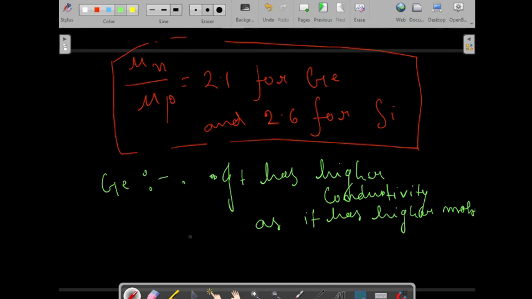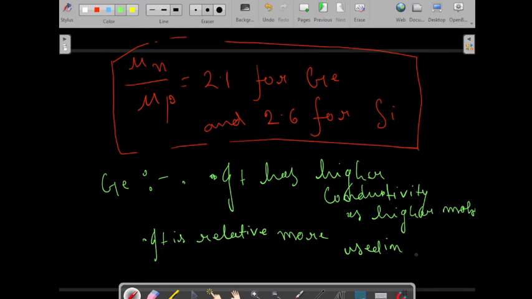Next point is it is relatively more used in higher frequency applications.